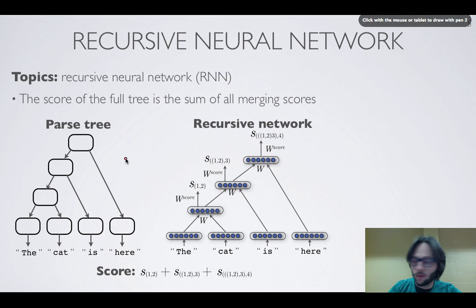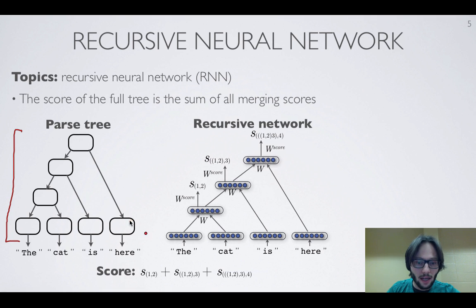Now, if we were considering instead this parse tree, then I'd have to merge "the" with "cat", giving us this and this score here. Then I take that representation and this word representation, merging them to get the representation for "the cat is", which is obtained by taking this representation here, concatenating it with this one, multiplying by W, applying sigmoid, then multiplying by W score, we get the score for that particular merge, and so on to get the score also for the merge at the root of the tree.